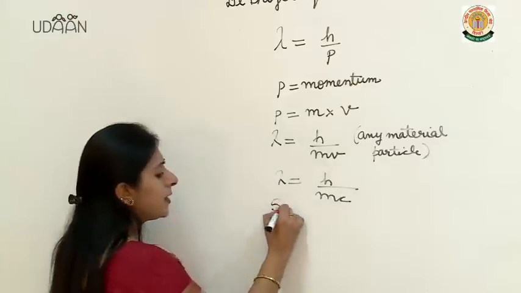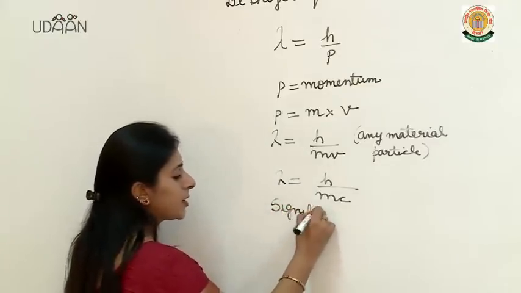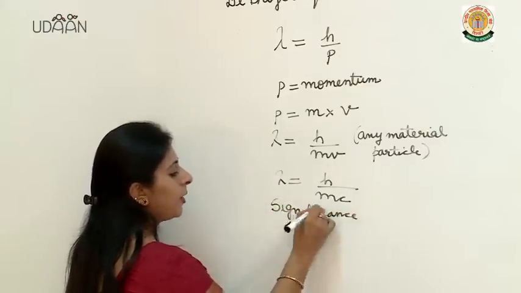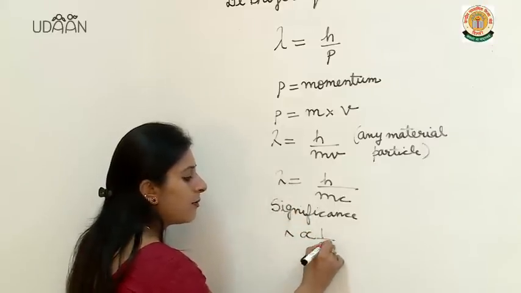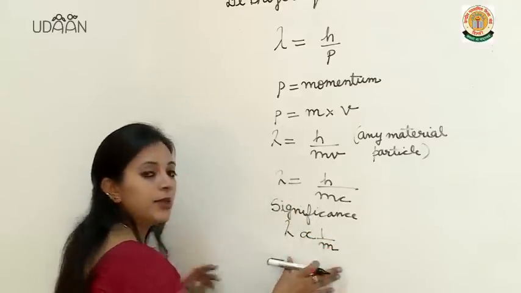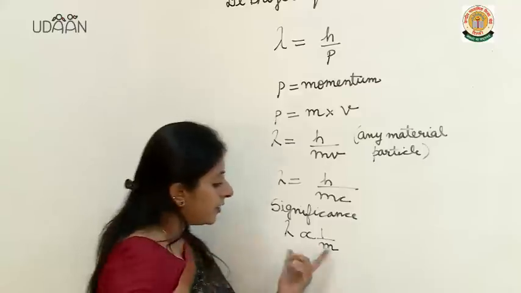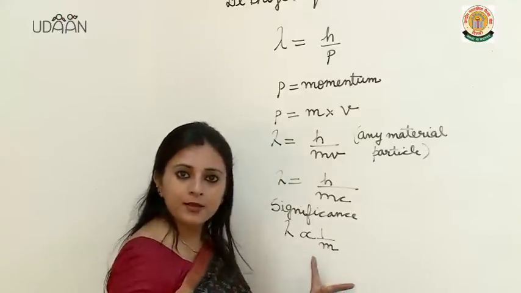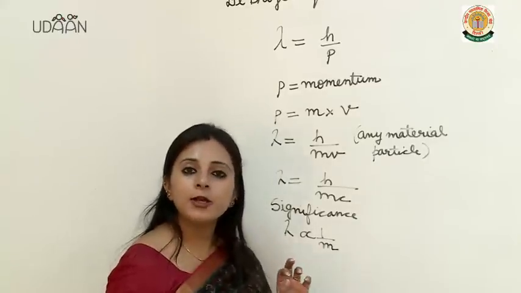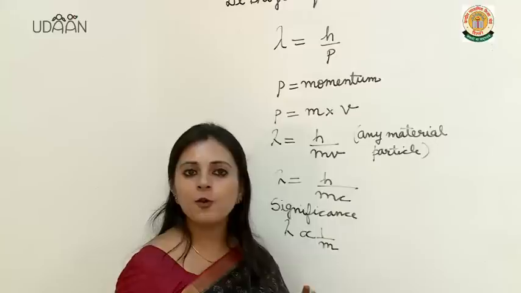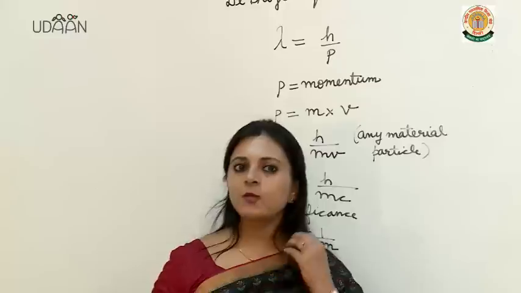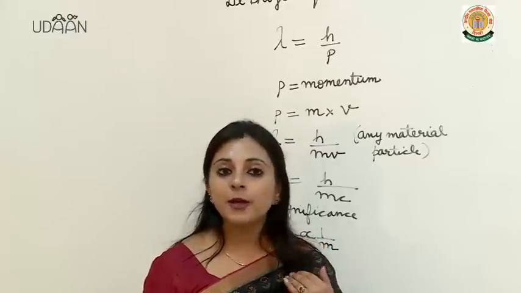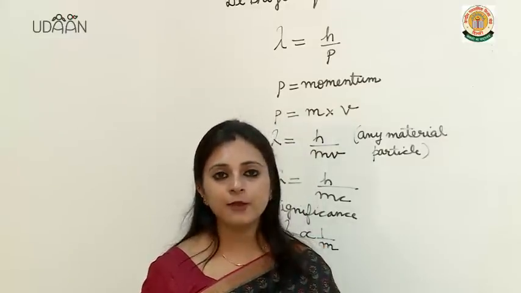Now what is the significance of the de Broglie equation? We can see that lambda is inversely proportional to mass. So that means lambda is significant only for microscopic particles. Now, we all have wave character, if I am moving there would be a wave, but why can you not see that wave?